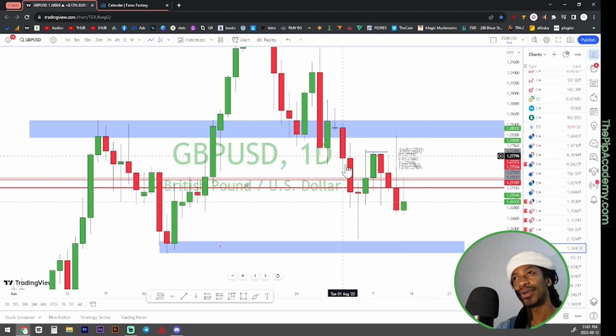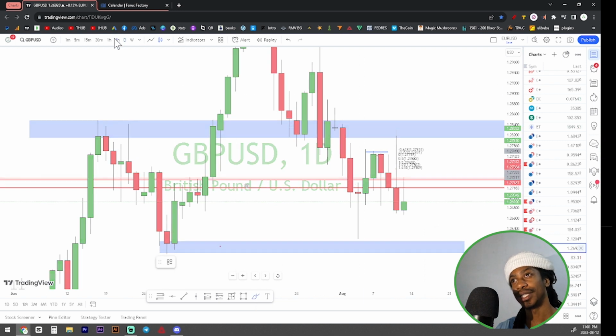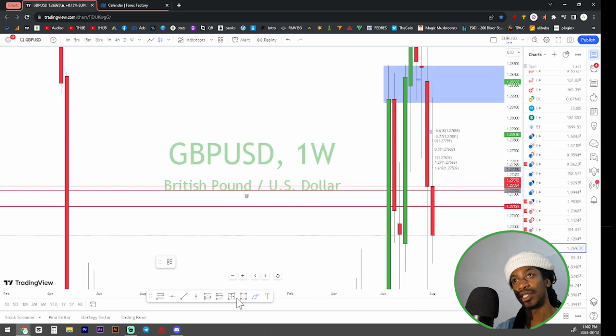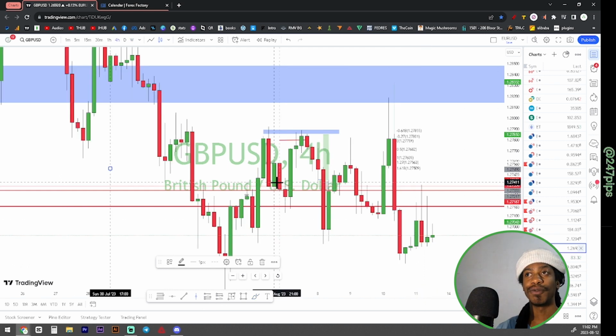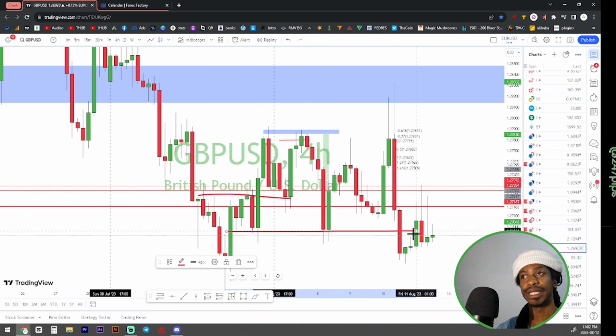This is a very tricky setup, so let me draw this in and go to the 4 hour for more detail. Let me also start where the week starts. Okay, so the week starts here, and we would have been looking for bullish pressure. And while yes, you can take multiple opportunities on all these different types of rejections, especially as price came back into this area, there was an opportunity to go long.